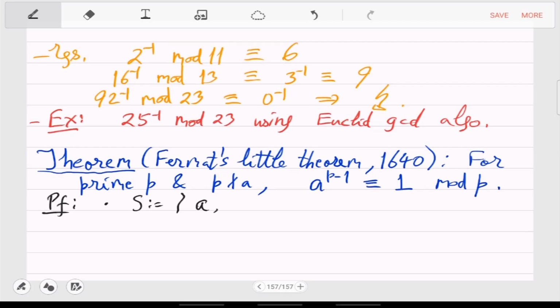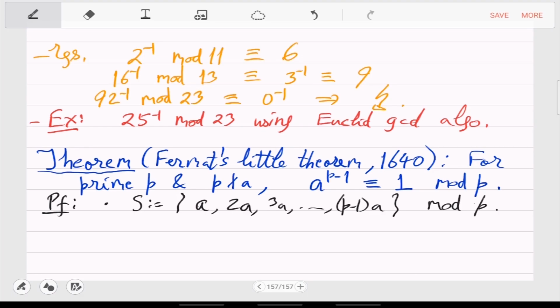So let's consider the set S where numbers are A, 2A, 3A, up to (p minus 1)A. And we are interested in them mod p, right? Because we only care about mod p arithmetic in the whole proof.